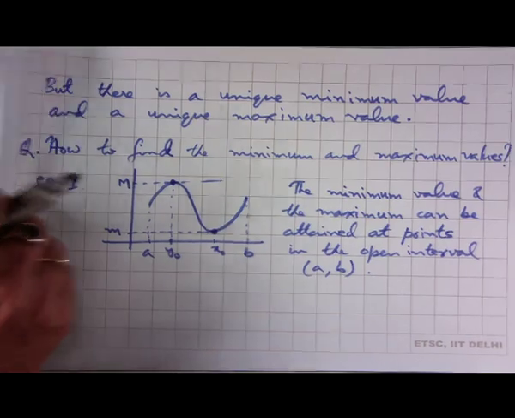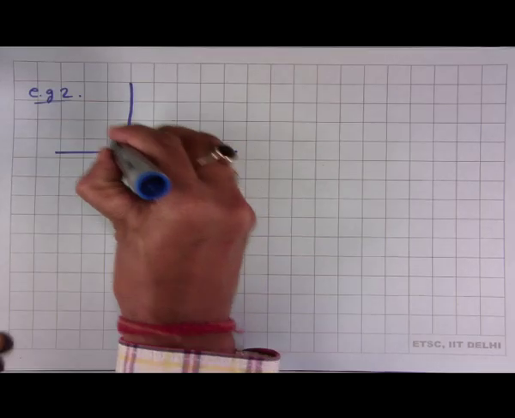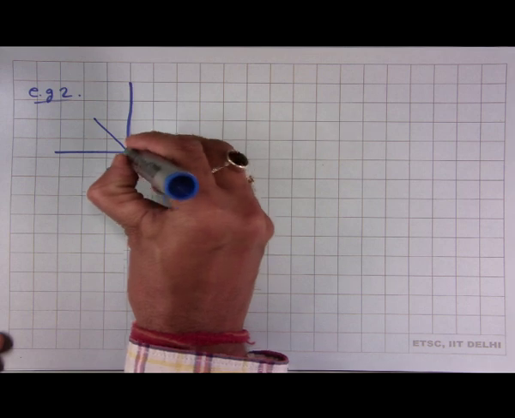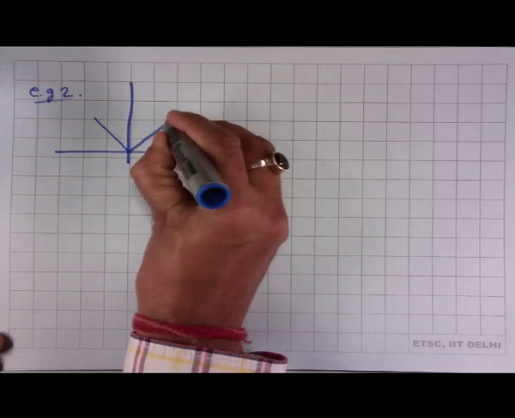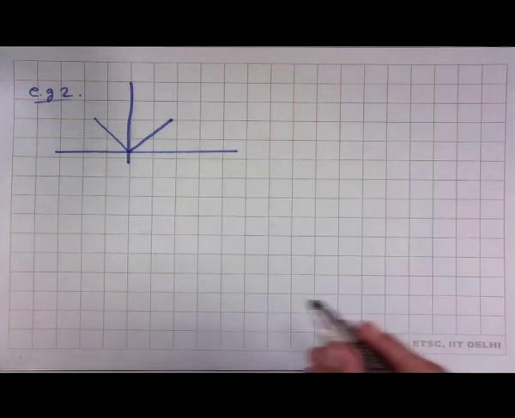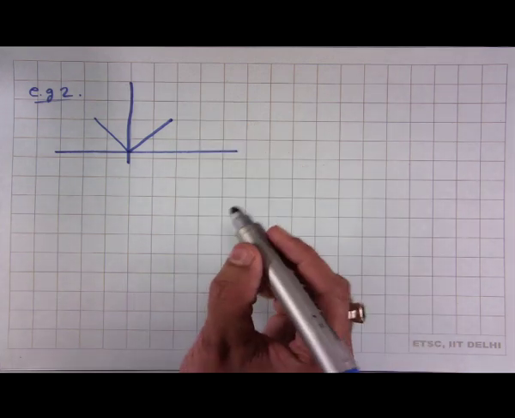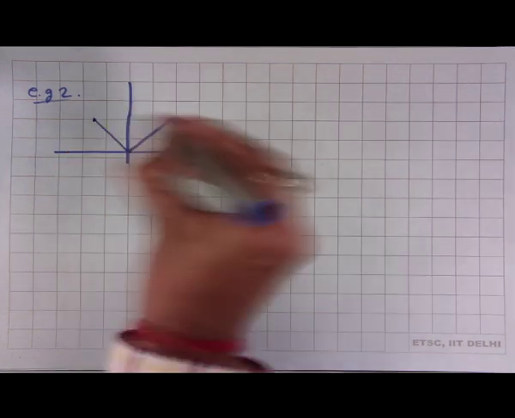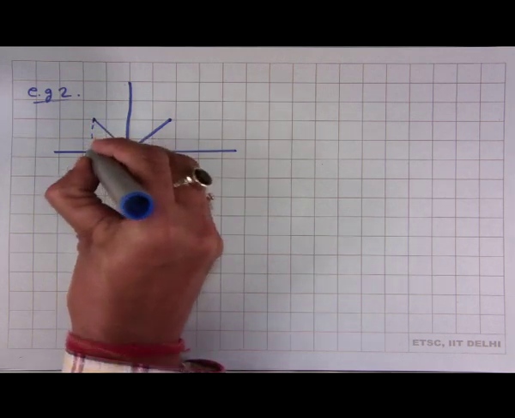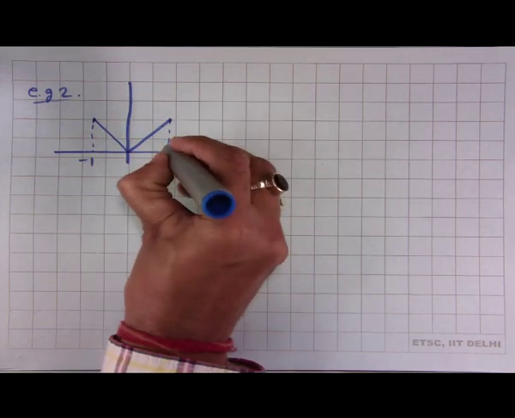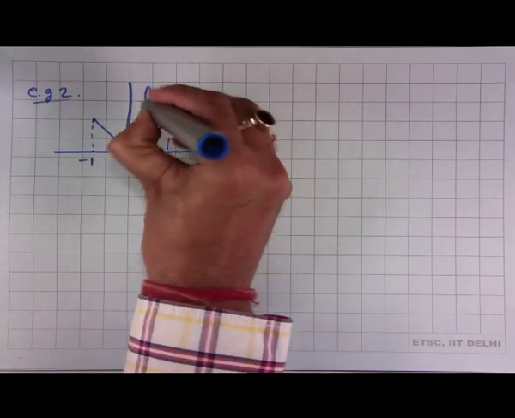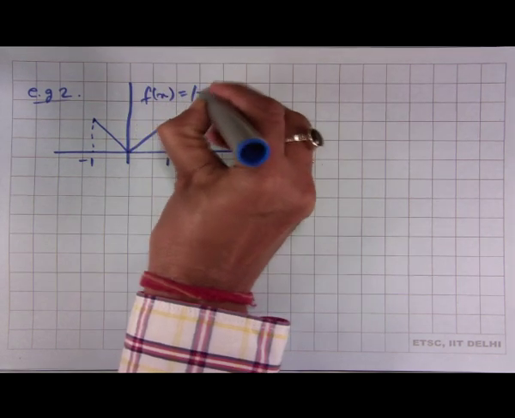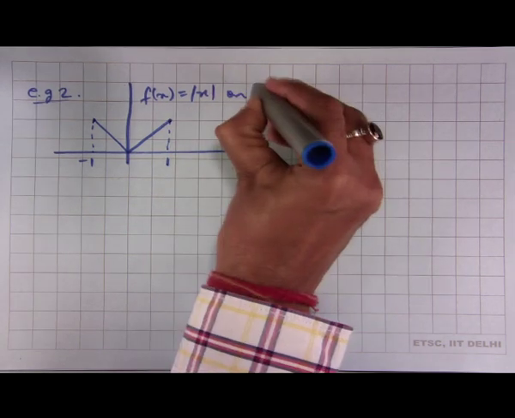Another case would be that, suppose I have a function like this. So, I take this function from -1 to 1, f of x equal to mod x on the interval [-1, 1].